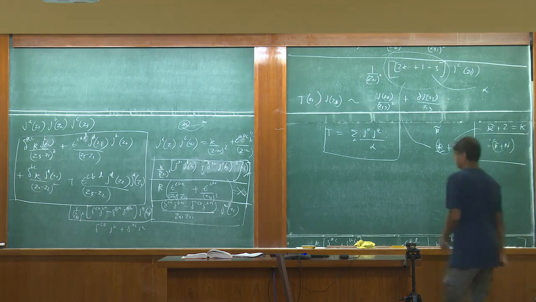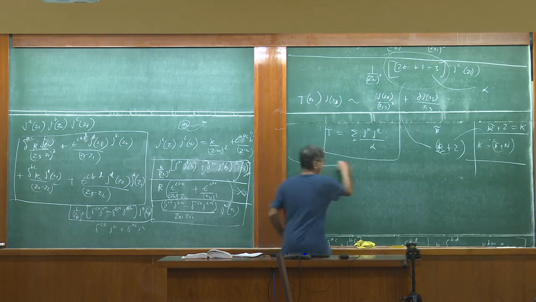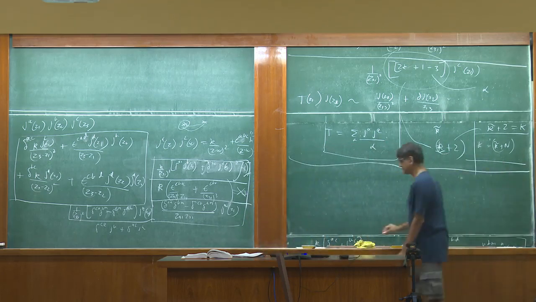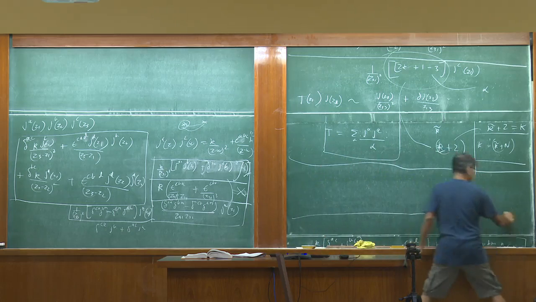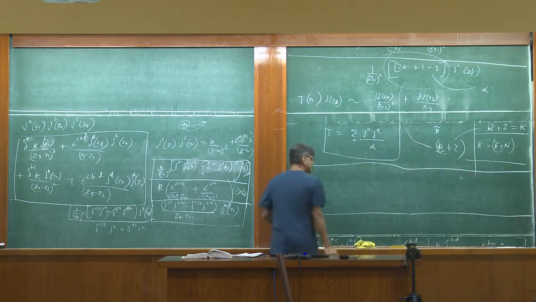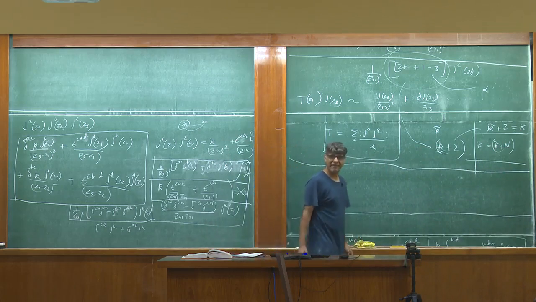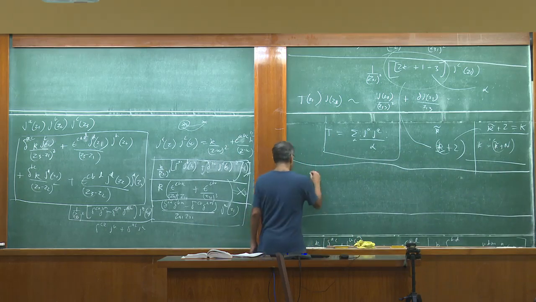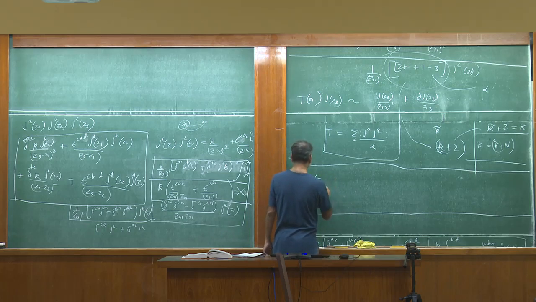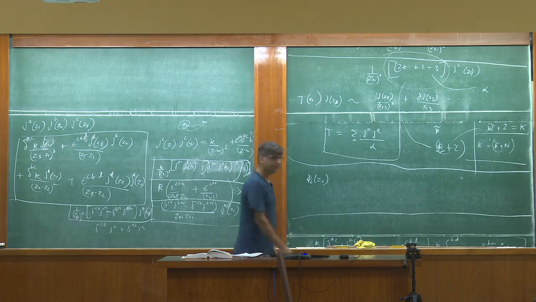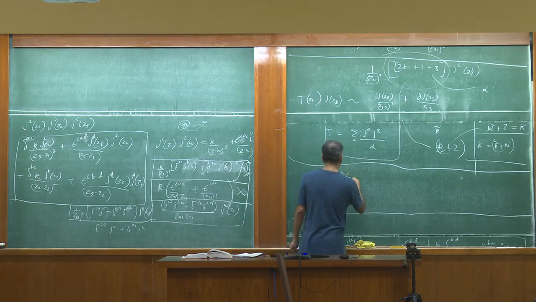another example. Another exercise one can do is the following. One can look at the OPE between a primary operator, phi I of z, let's call it z3, this is the analog of what we called it here, ja of z1, jb of z2.